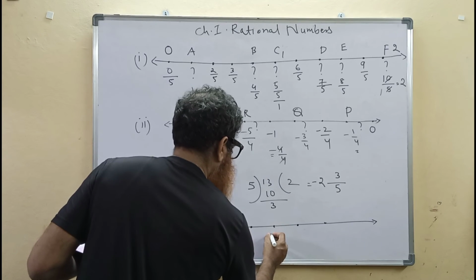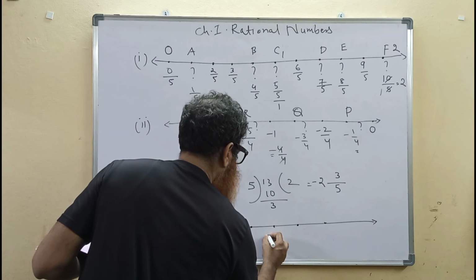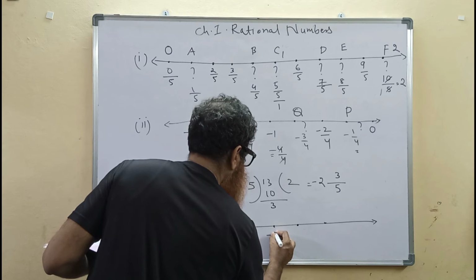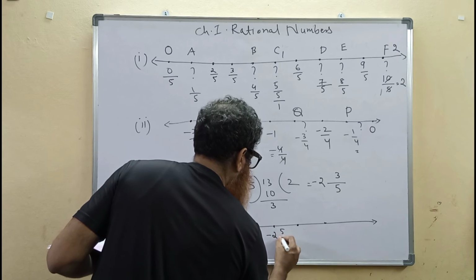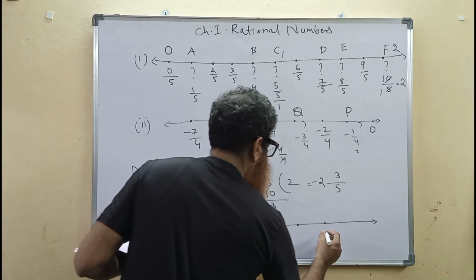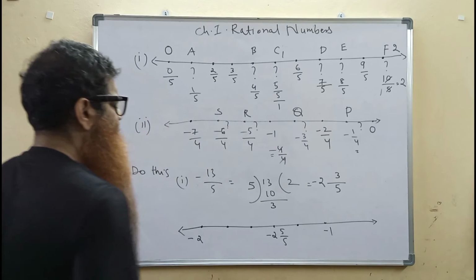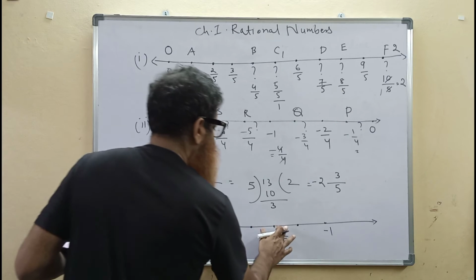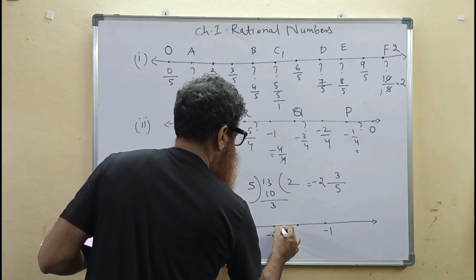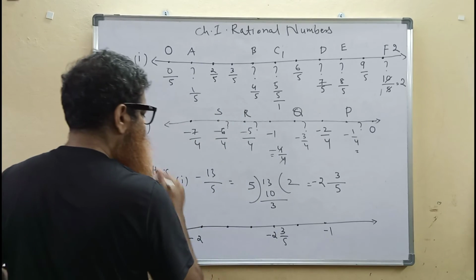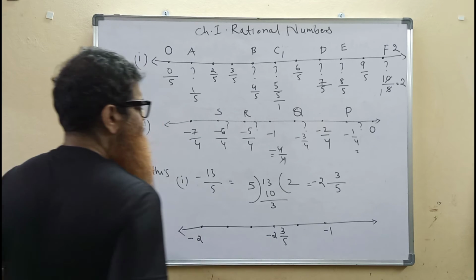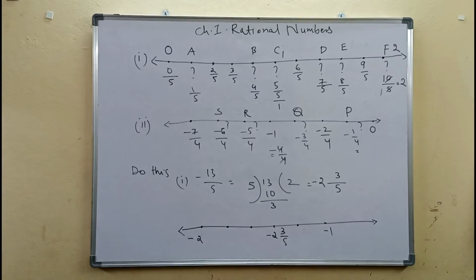So this is the number we were to find out. It should be minus 2 3 by 5 on the number line. This should be minus 1. So these numbers are between minus 2 and minus 1. This was the required number we were to mark on the number line.